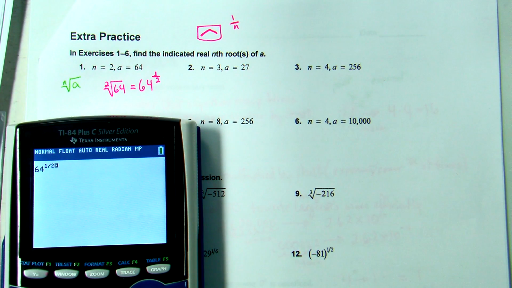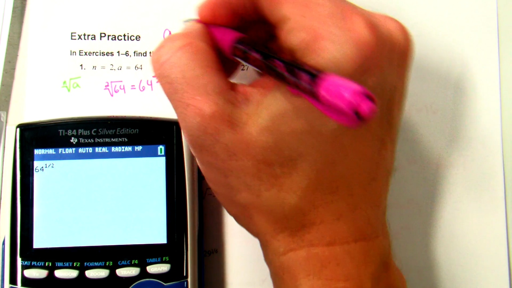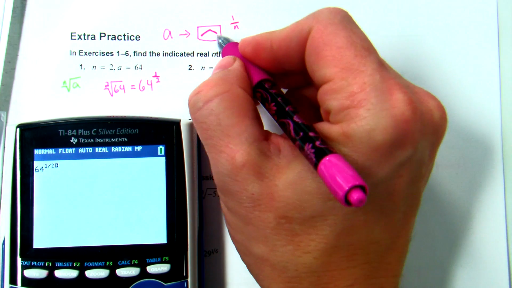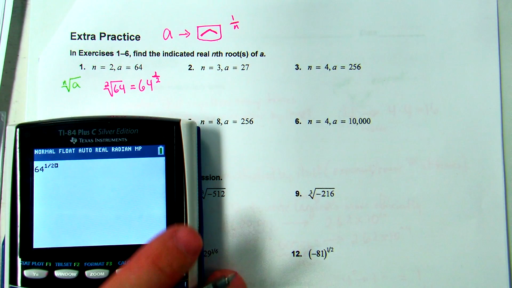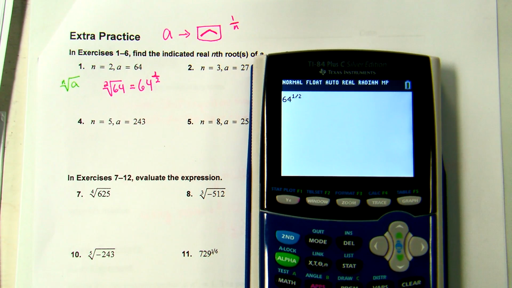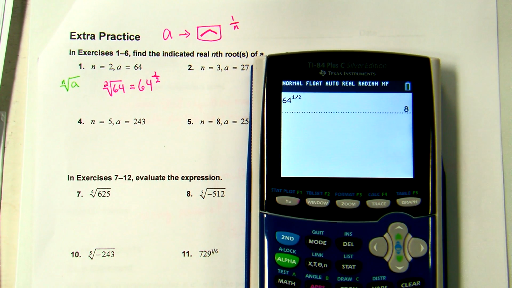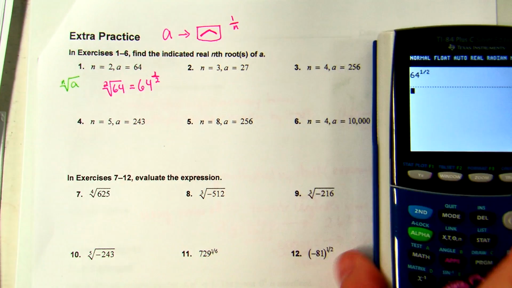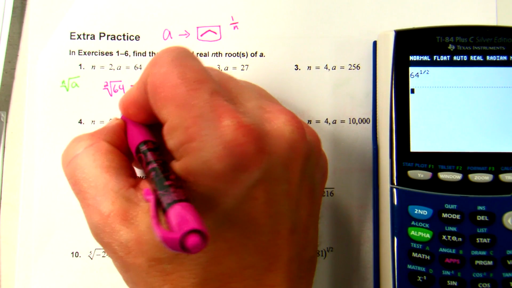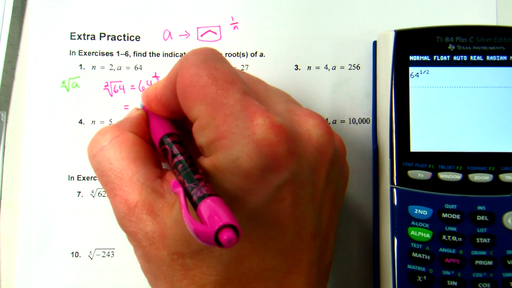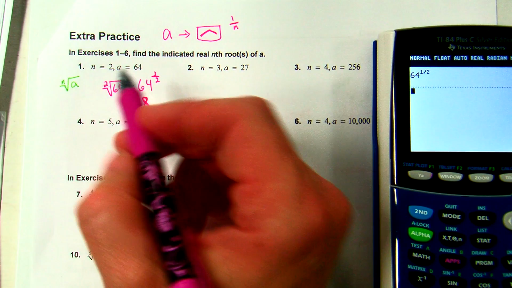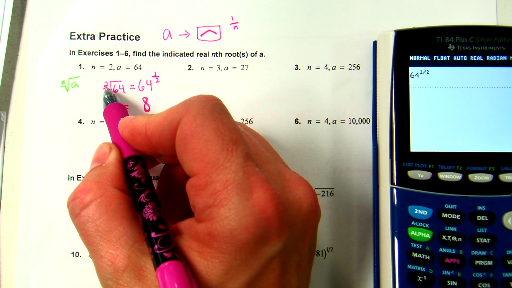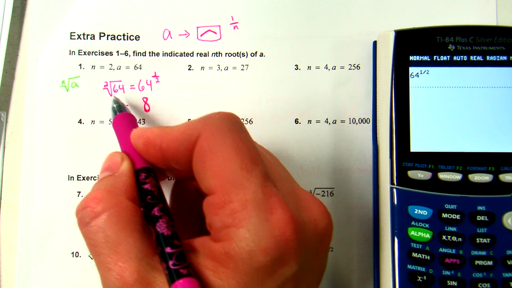So when we're putting this in the calculator, we put in a, and then we press this button, we put 1 over the n value. So 64 raised to the 1/2, or the square root of 64, is 8. Does everybody agree? It does equal 8, but we have a little bit of a problem. This is an even number, n, the index is even.